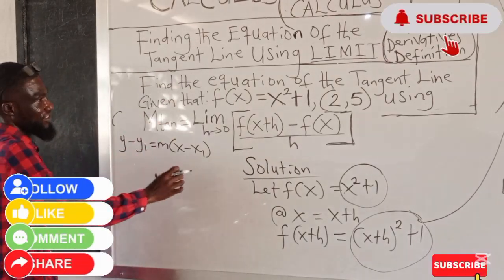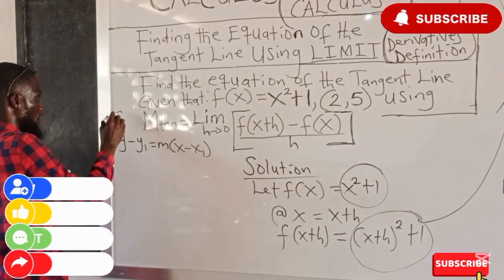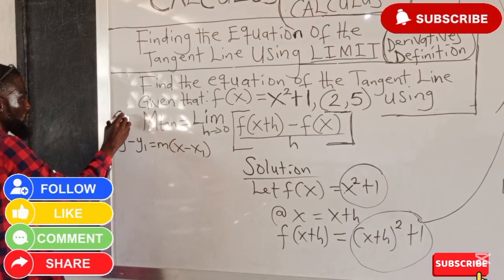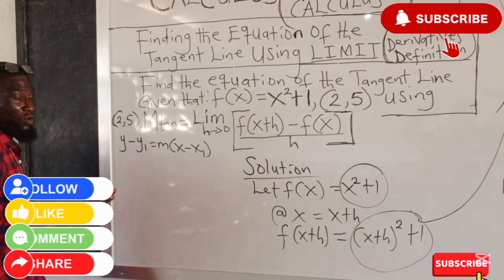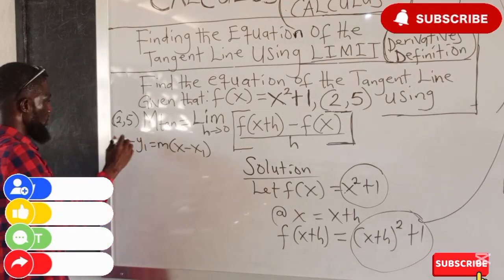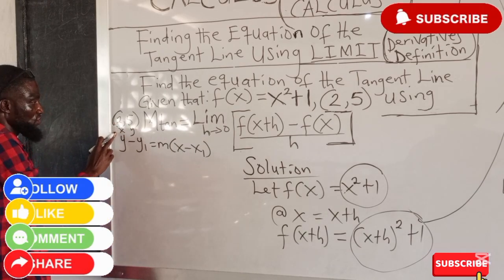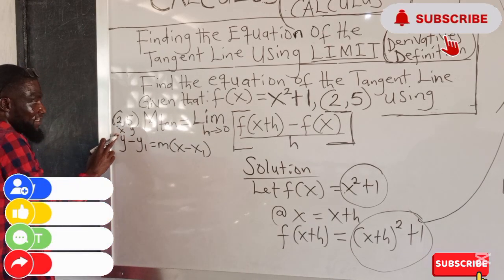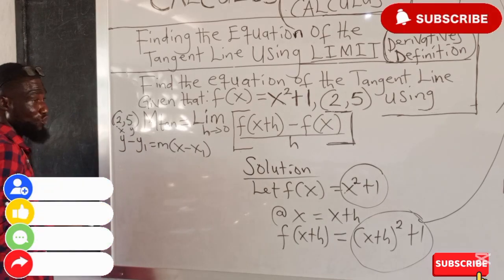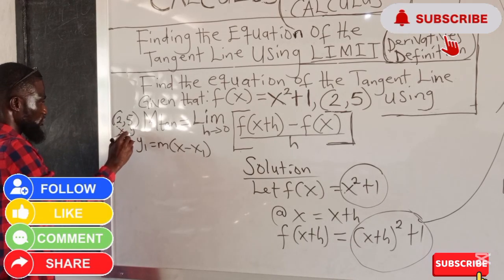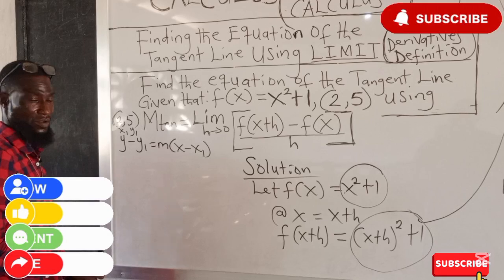Remember, we have our point. What is our point? Our point is (2, 5). But remember, based on the formula, we have x and y. So this number, which is 2, is equal to x1, and 5 is y1, based on the formula.